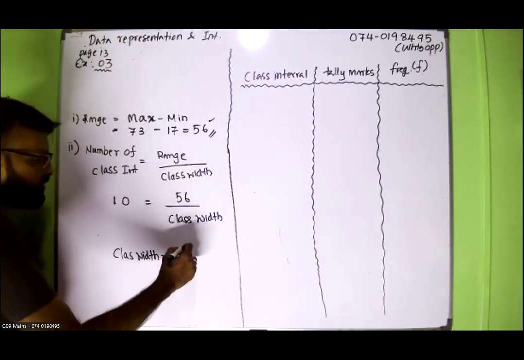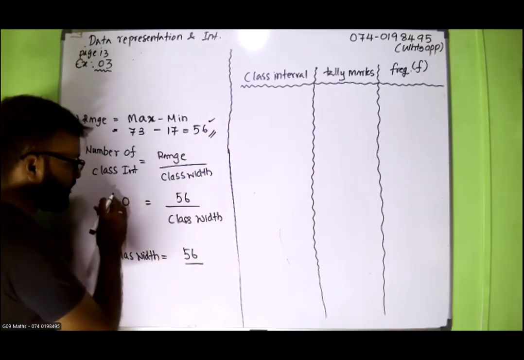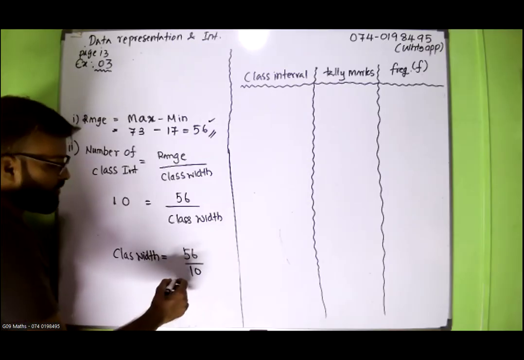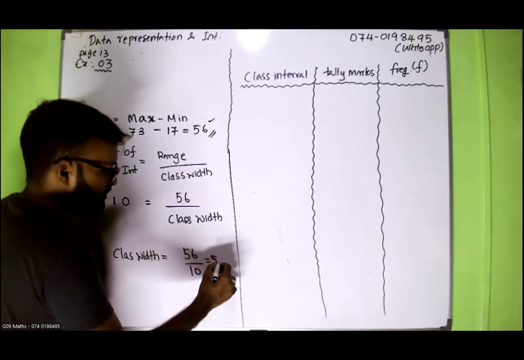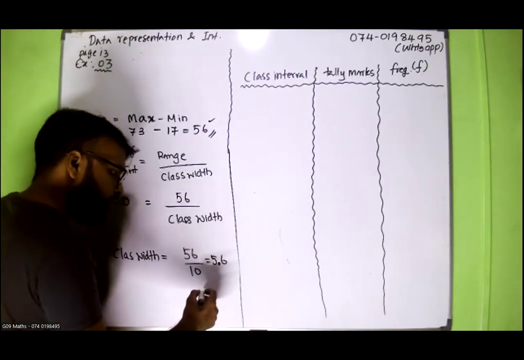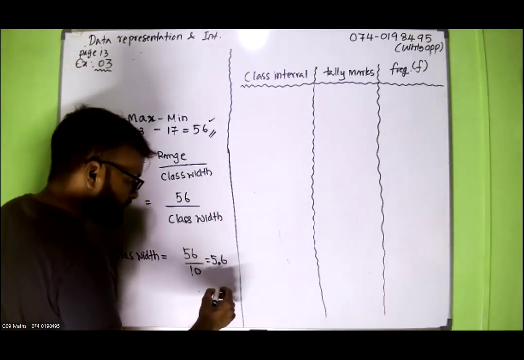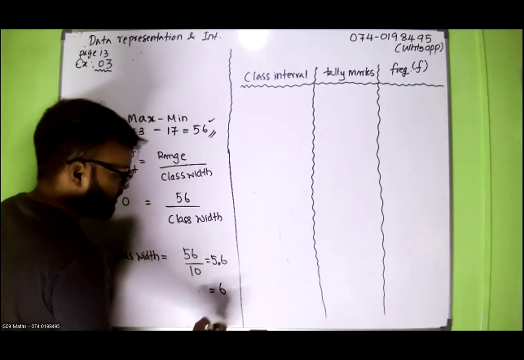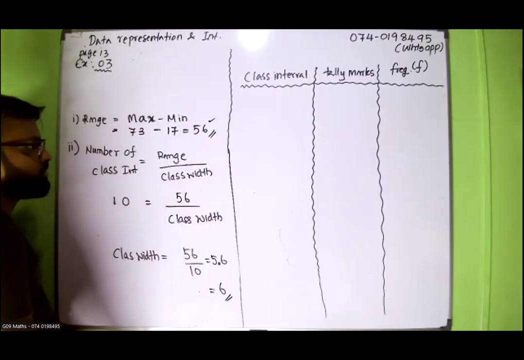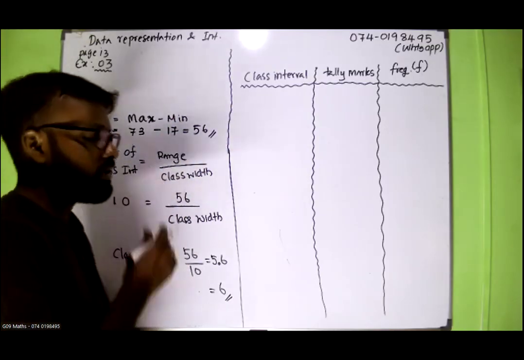So 56 divided by 10 is 5.6. If you round this value up to the next whole number, it will give you 6. So your class width should be 6 and the number of class intervals should be 10.